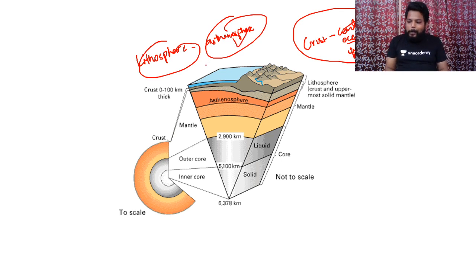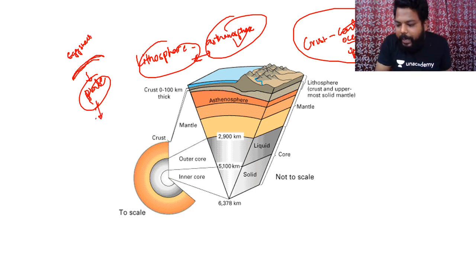And if you see the relation between lithosphere and asthenosphere, the lithosphere is not a continuous body. Simply, lithosphere is broken like an eggshell, and one such shell or segment we generally call a plate, which we will discuss in plate tectonics theory.